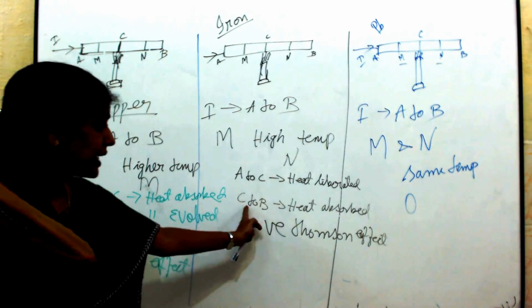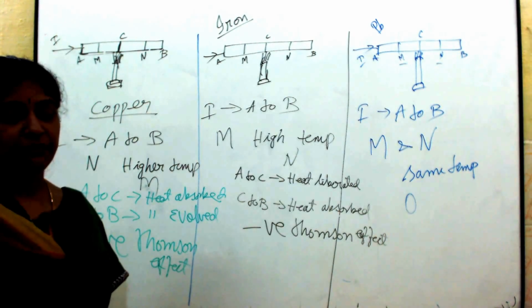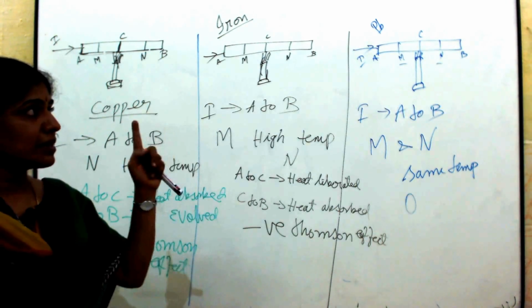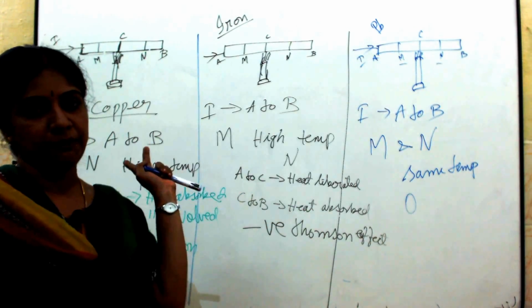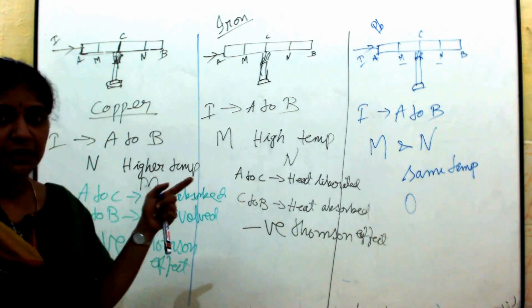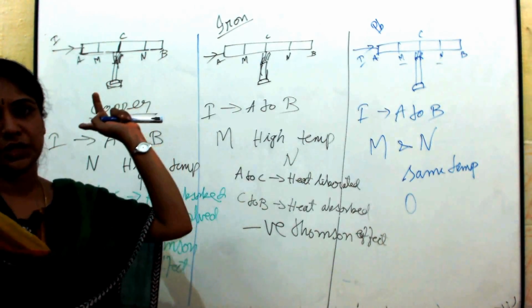Lead is the only metal with zero Thomson effect, and for this reason it is used as one of the metals in forming a thermocouple. Why? Because it has zero Thomson effect.